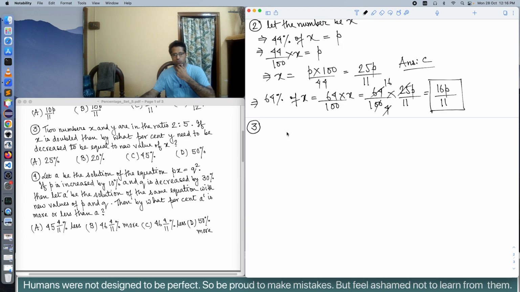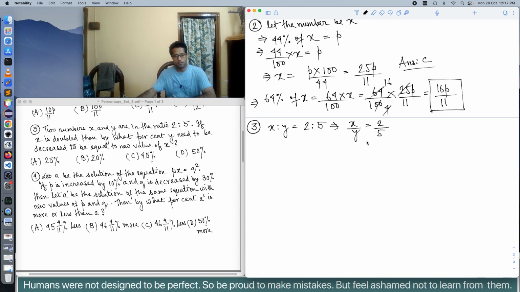So it is saying that two numbers X and Y are in the ratio 2:5. So we have X is to Y is equal to 2:5. This implies X by Y is equal to 2 by 5.